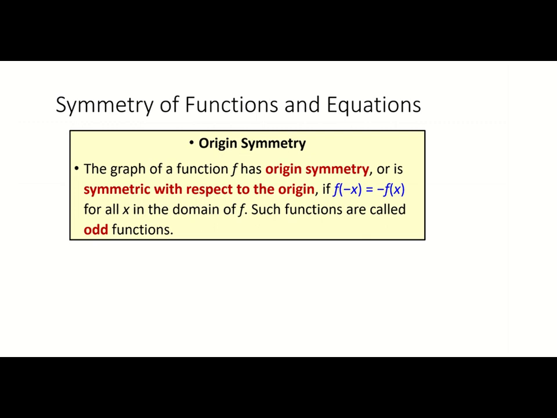Origin symmetry. If they are symmetric about the origin, that's going to be your odd functions, which we've looked at before. And that means if f of -x is equal to the opposite of f of x, then it is an odd function. And again, we're going to look at the graphs in a second to see these.